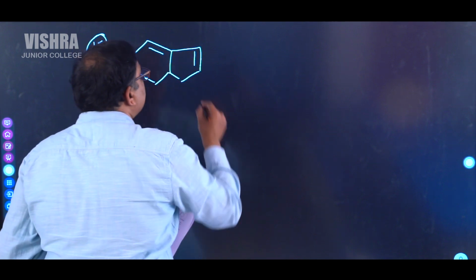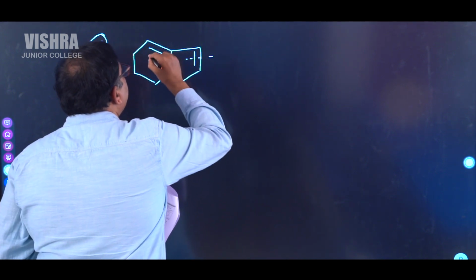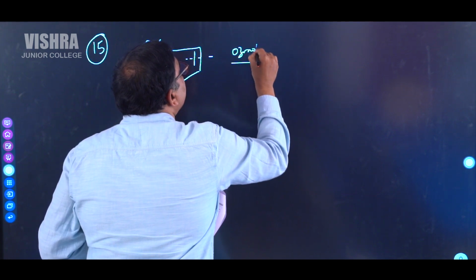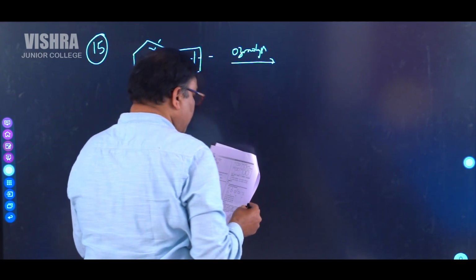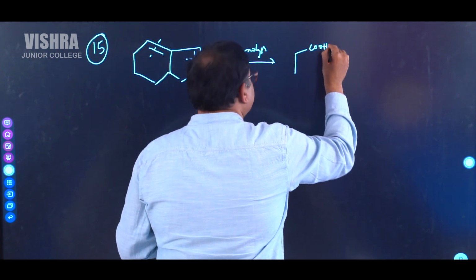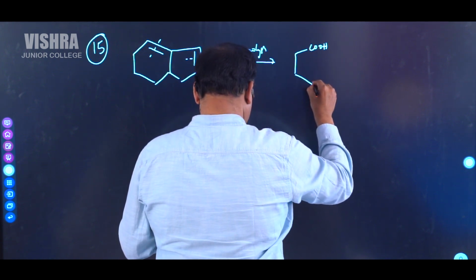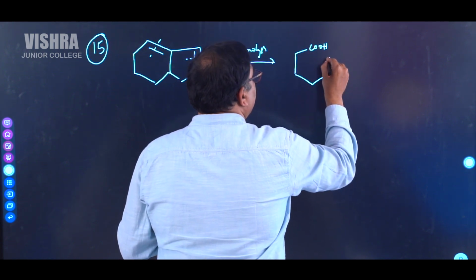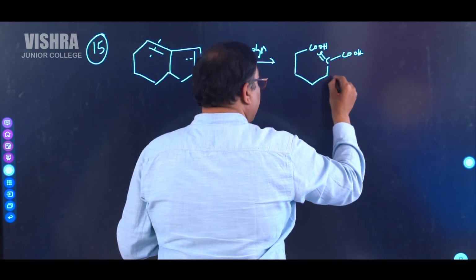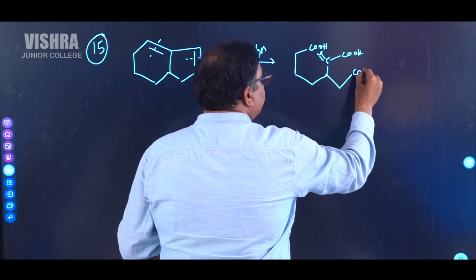When you do the ozonolysis, this one will break here. Ozonolysis. Which compound is about to come? Here you have COOH, C double bond O, and here COOH will come, and here also you have COOH.